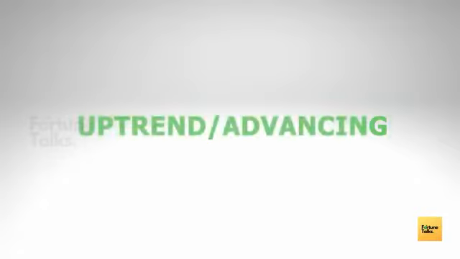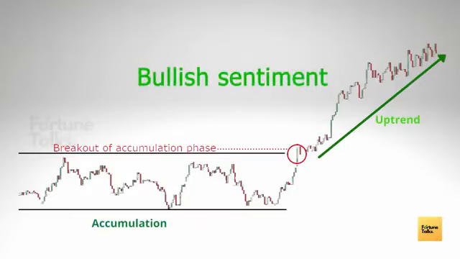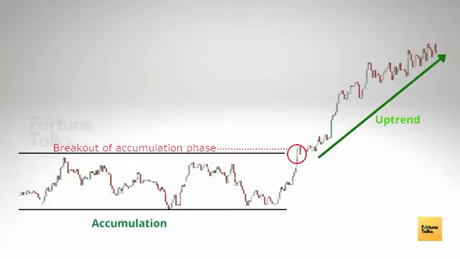Moving on to the uptrend or the advancing phase. This stage occurs usually after the price breaks out of the accumulation phase. Here's what happens in the uptrend or the advancing phase. After building up the positions, the institutions take the market higher. So there is a bullish sentiment in the market all along. The institutions will not book profits anytime soon.